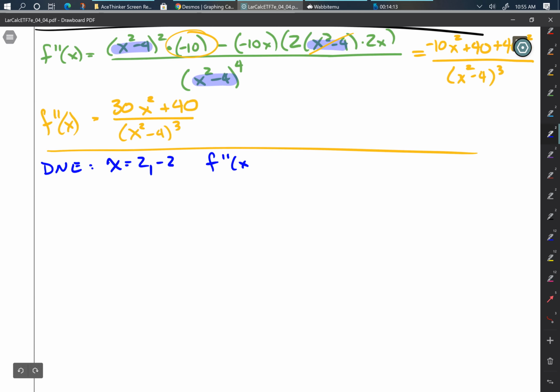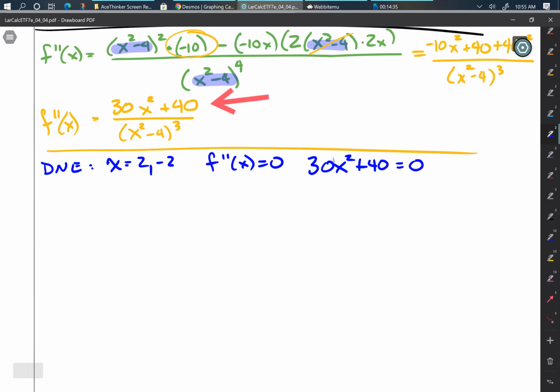When will it be equal to 0? Well, given that it's a fraction, all we have to worry about is when that numerator is equal to 0, and so that'll be when 30x squared plus 40 is equal to 0.